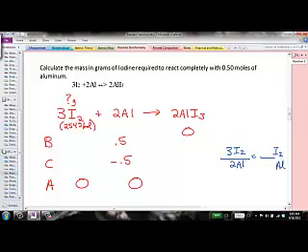Right there, it becomes clear to me what needs to go where. So 0.5 on the aluminum, and my question mark is there at the iodine. Solving that, 3 times 0.5 divided by 2, I have 0.75. So my question mark is going to be 0.75.